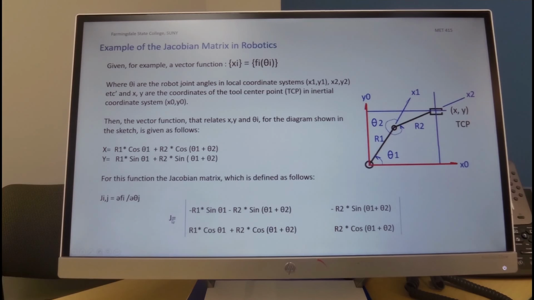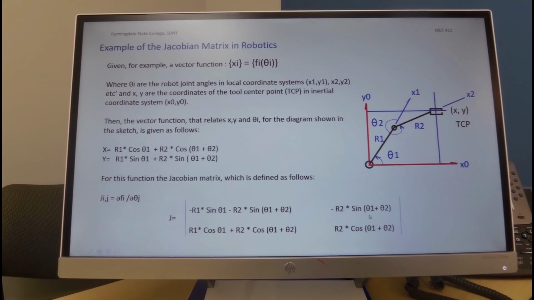The Jacobian matrix, according to the definition that we saw, will have as the first element the partial derivative of x with respect to theta 1. Theta 1 shows up in both elements, so it will be minus r1 sine theta 1, since minus sine is the derivative of cosine, minus r2 sine of theta 1 plus theta 2.